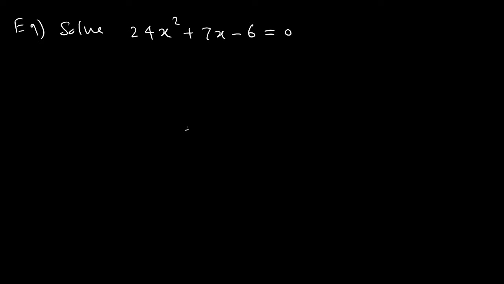So what we're trying to do, as before, we need to find the factors of the product of 24 and -6. So we can see 24 is 8 times 3, and -6, you can write in several different ways. So what are the possible factorings of these?